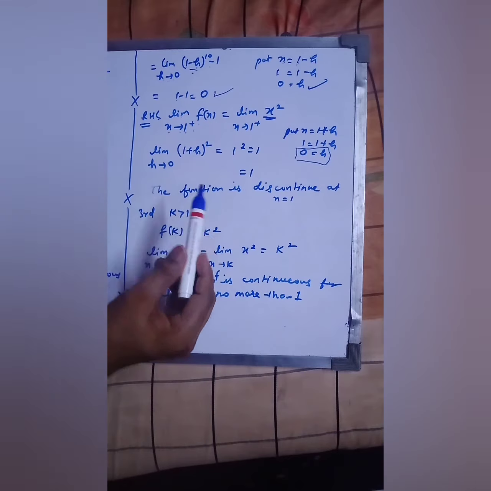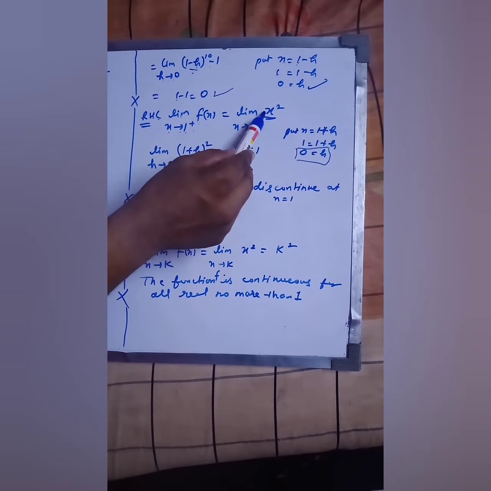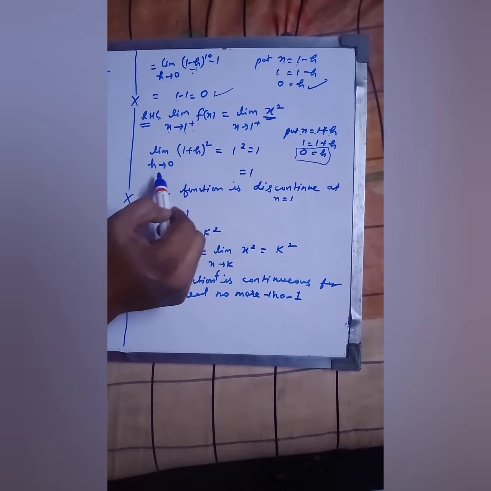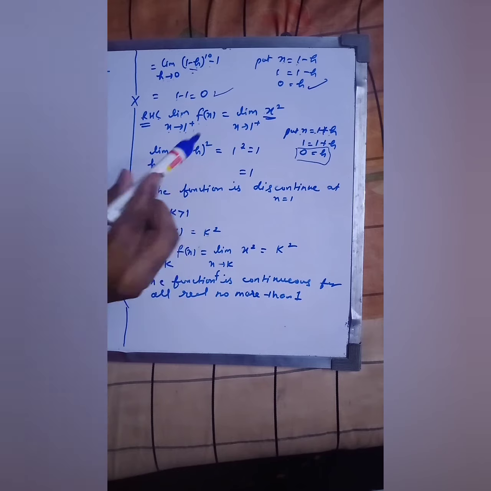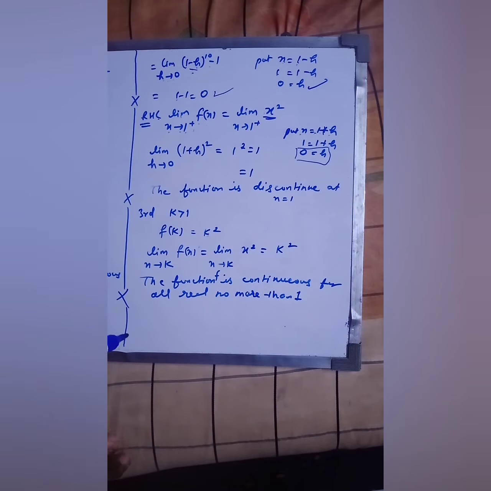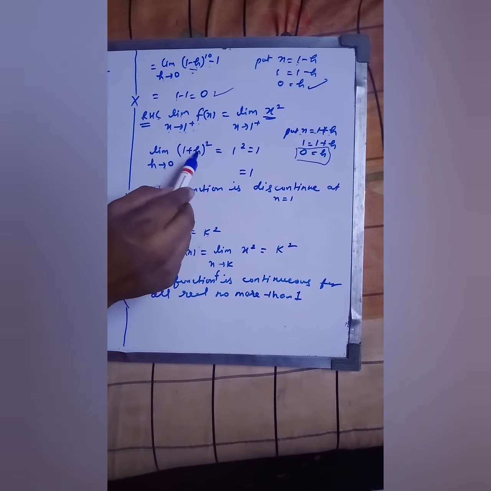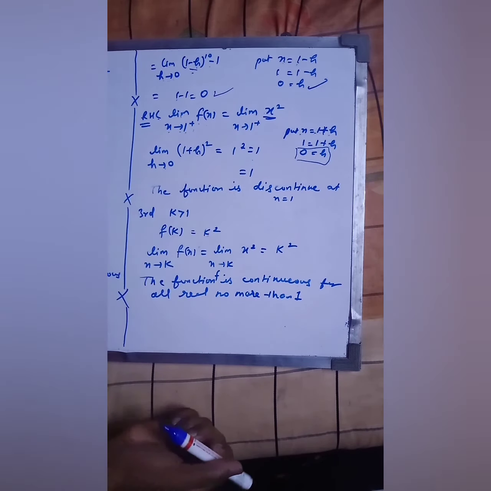After that, you put the value of x, that is (1 plus h) whole square, limit h tends to 0. Same steps you have to do as in question number 1. Now you put h equals 0, and you will get the value 1.